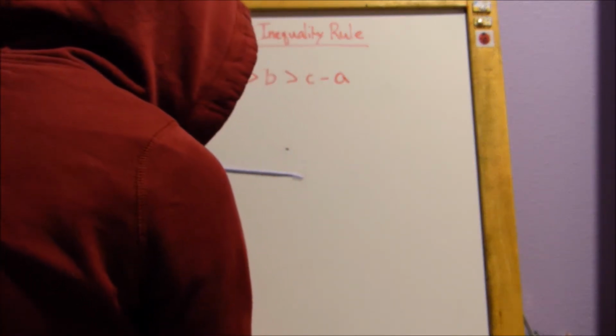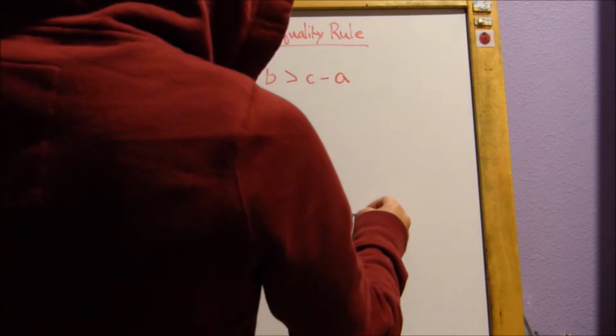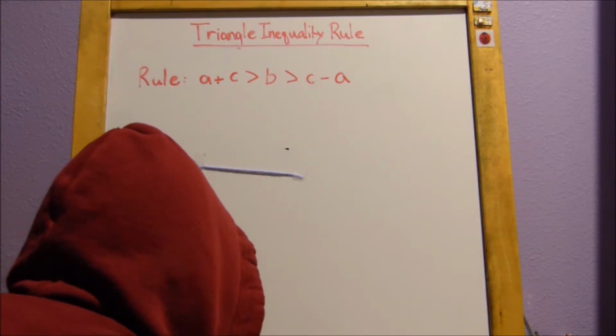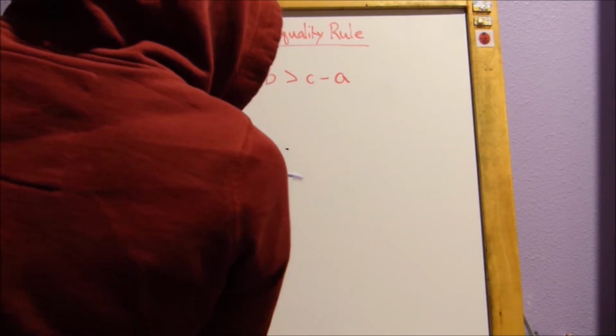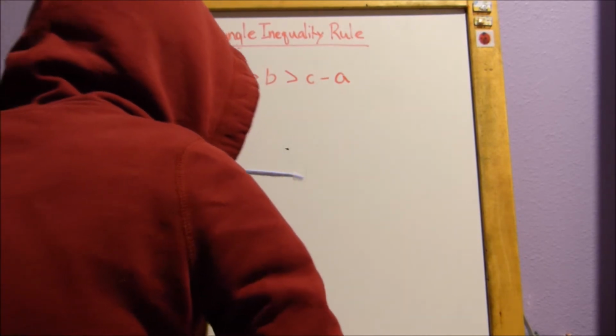Let me put that down. Now let me find my other side length. Here it is. This one I believe is 11 inches, right? Okay. So let's think about this for a little bit. Where is my tape? This is so much harder than I thought it would be. Alright, whatever. We'll deal with it.